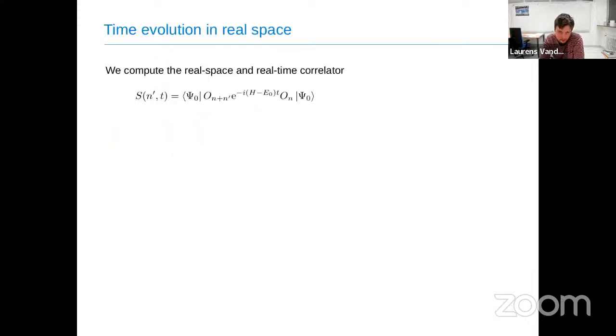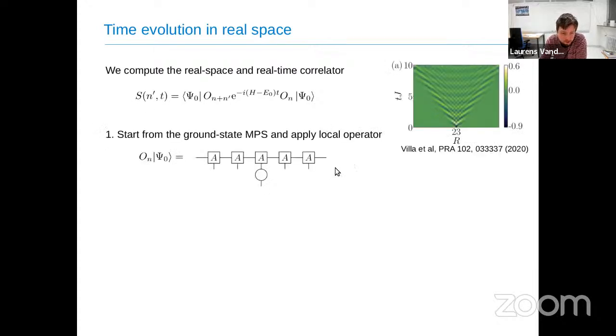What people do, and what I have also done, is compute the real-space and real-time correlator, so both in real space and real time, you compute S(n,t). We start from the MPS ground state, which we assume to be more or less exact, and we apply a local operator O(n) at the site n. And then we just do time evolution on this state.